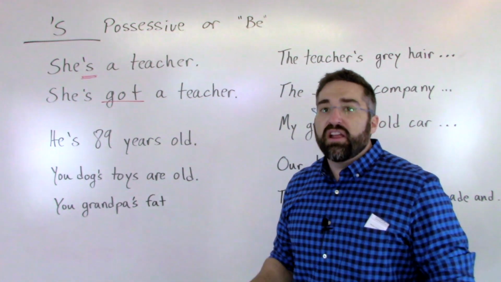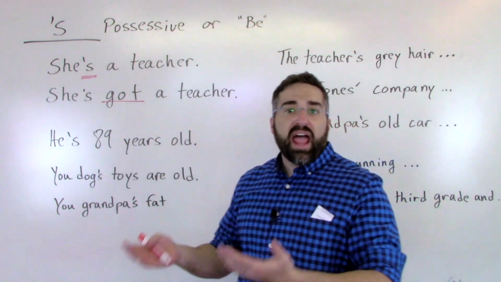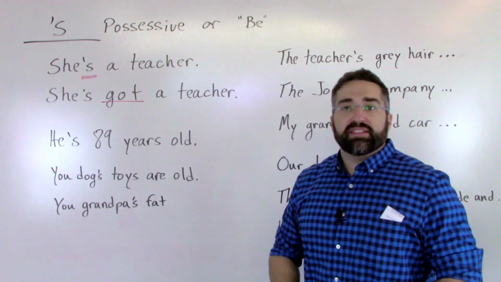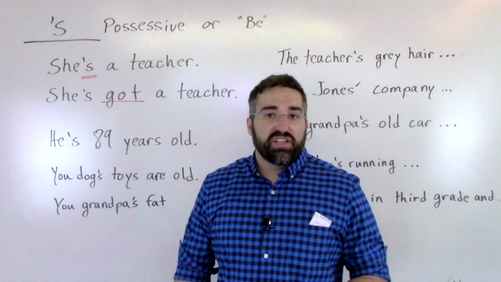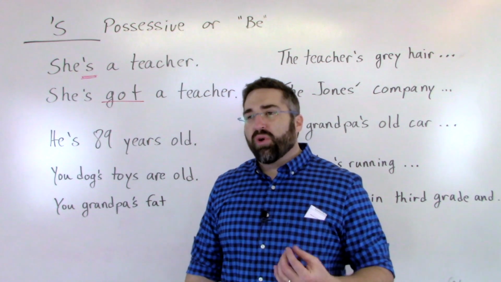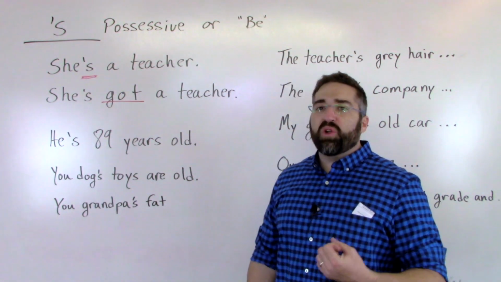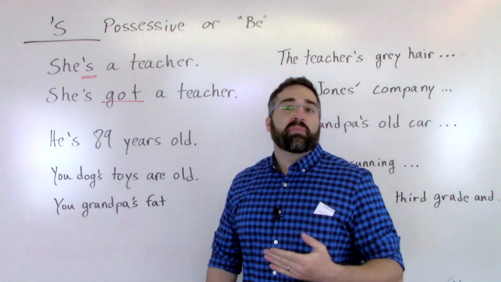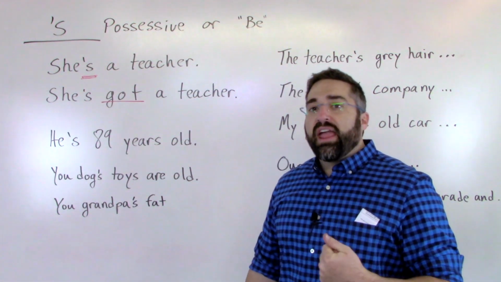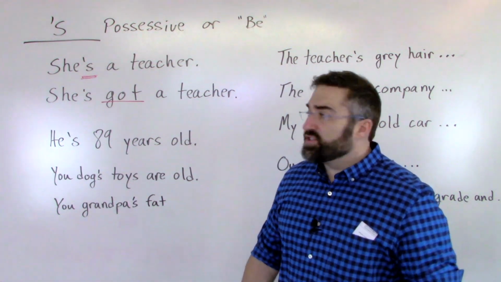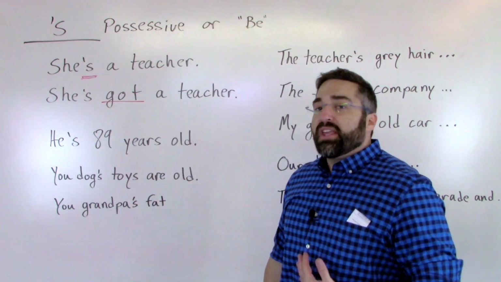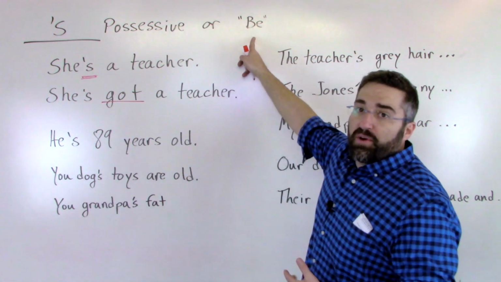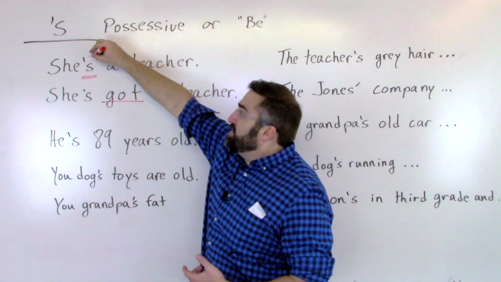Maybe someone would say it, but it's very short and very informal. It's not normal for people to say she's a and mean has. So just remember, if it's the only verb in the sentence, most likely it's going to be be, okay? So this first one is be.